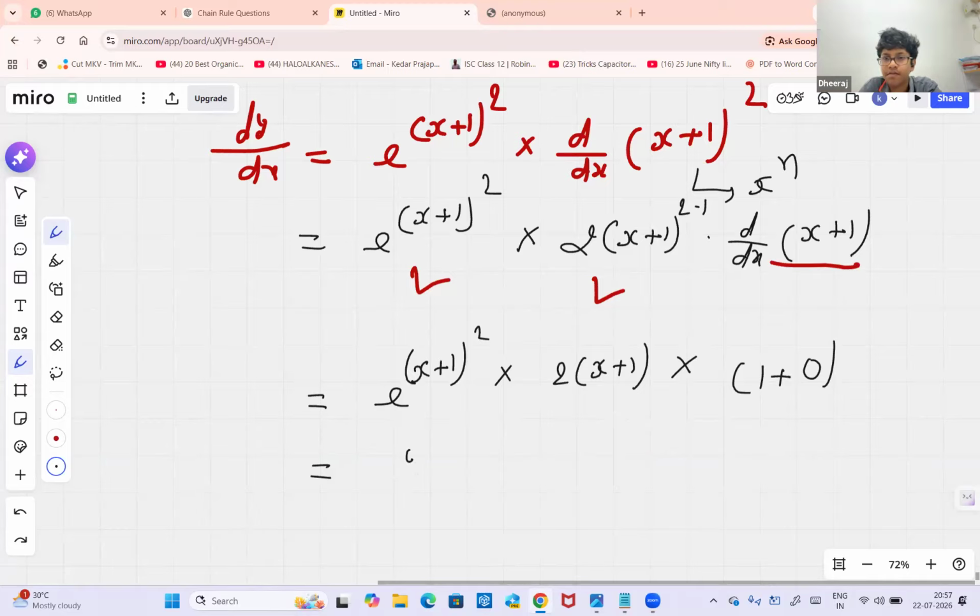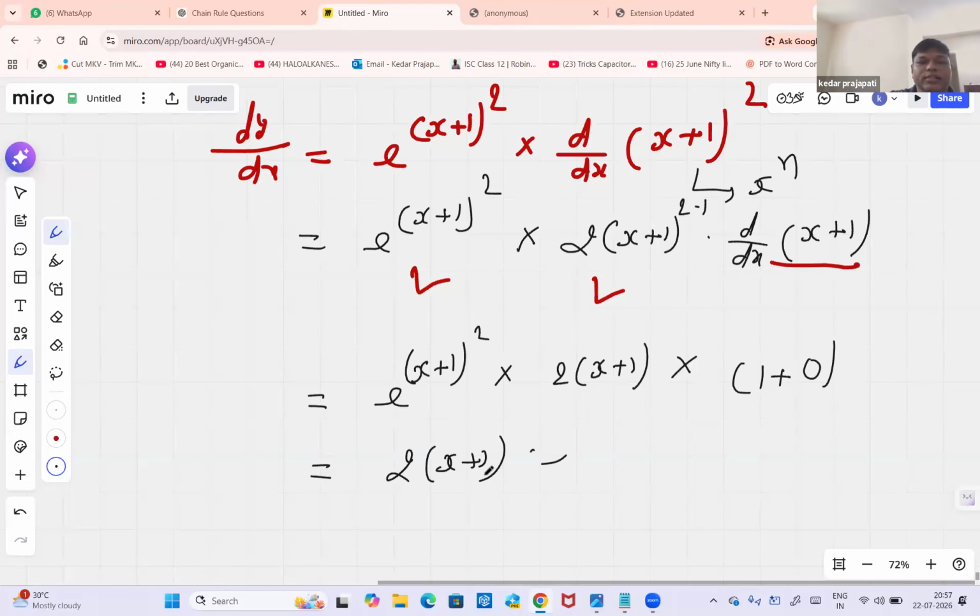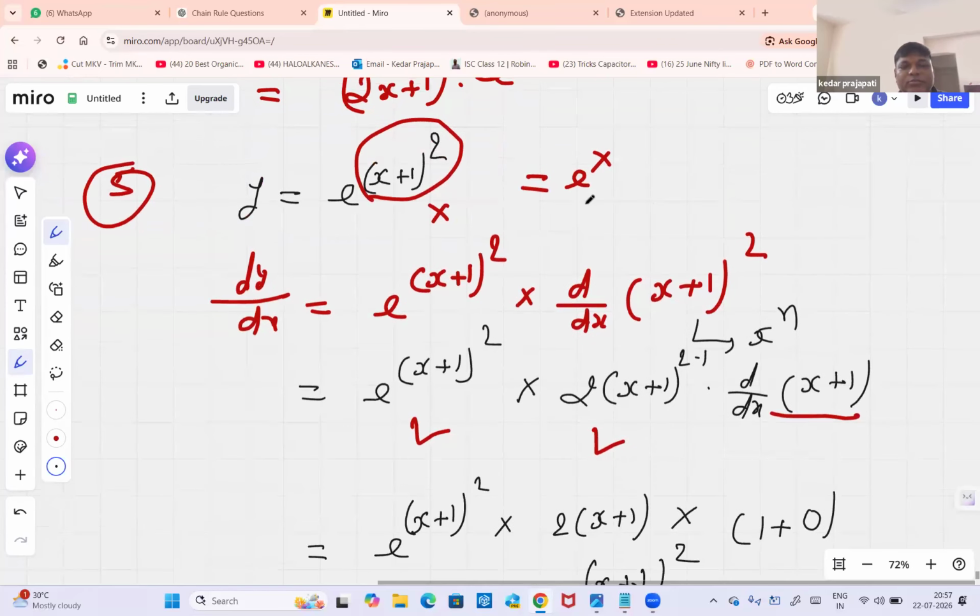So my answer is 2 into (x+1) into e^(x+1) whole square. See, the question is looking big, but the steps and process are the same. Okay, do not change your process.